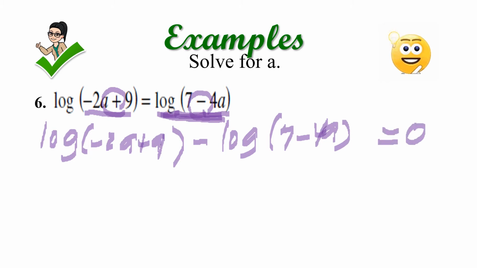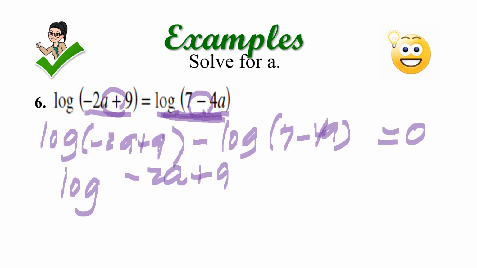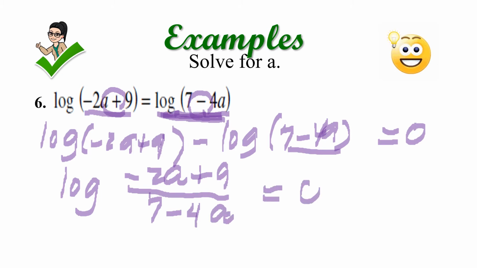Now, we have subtraction, so we can now apply quotient rule. So this will be logarithm of, this will be our numerator, negative 2a plus 9 all over, this one is next, 7 minus 4a is equal to 0.